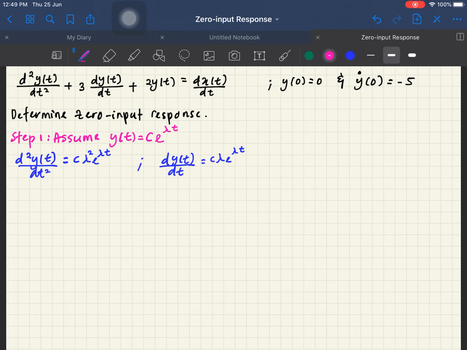The next step, step 2, is to substitute.